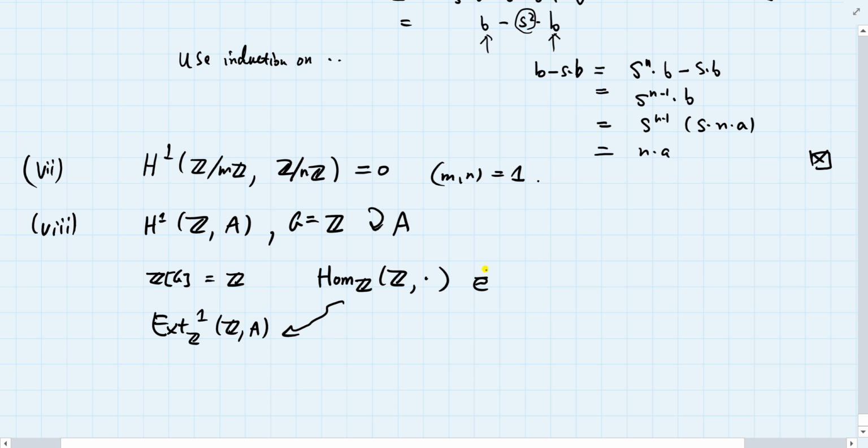This is exact. This is a projective Z module. The exact functor applied, this is vanishing. Okay. Wow, in this case it's not only 1. Any should vanish.